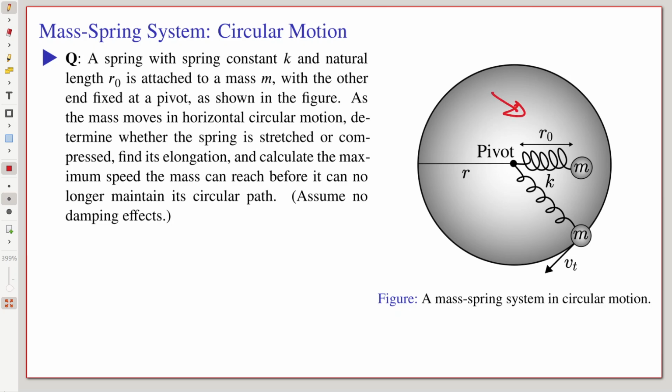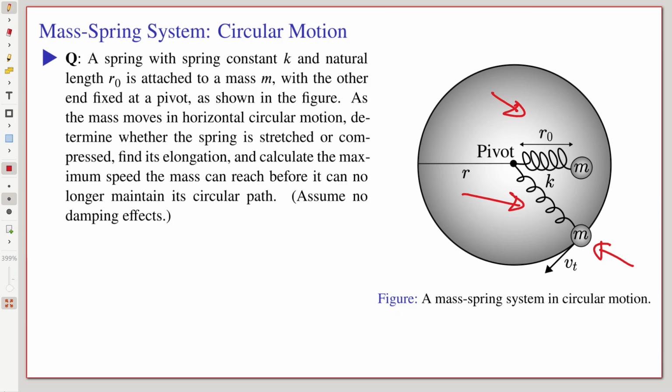At this state, the system has not experienced a circular motion yet, while at this state, the system experiences a circular motion. That is because of whirling the mass, giving it a tangential velocity or tangential speed. Notice how the spring stretches in that particular instant.